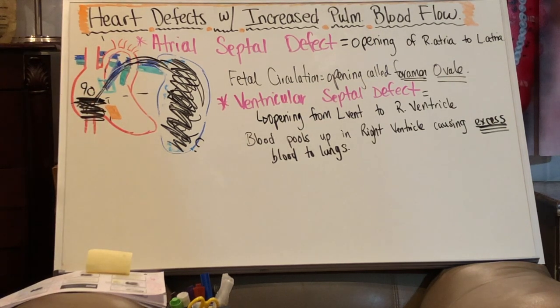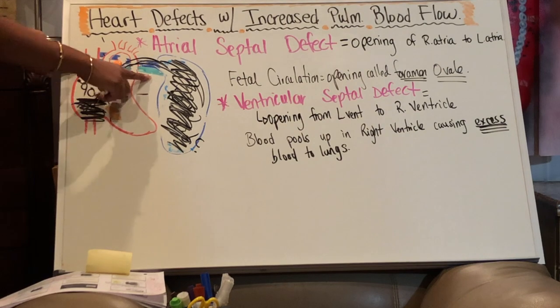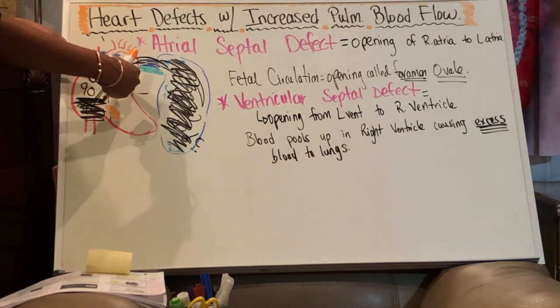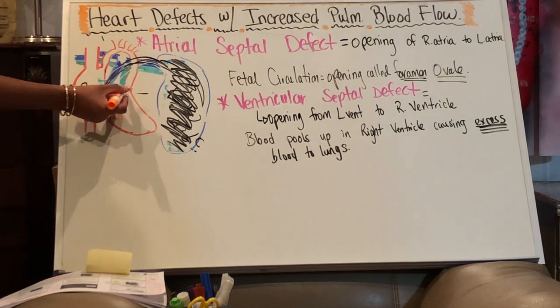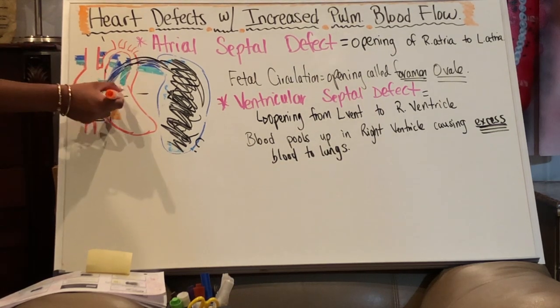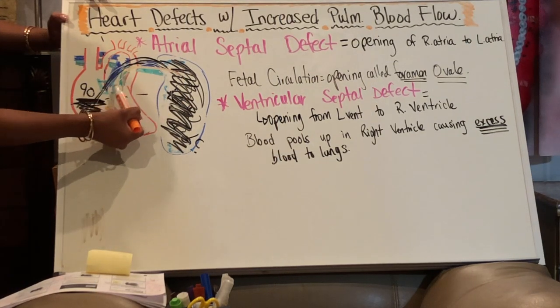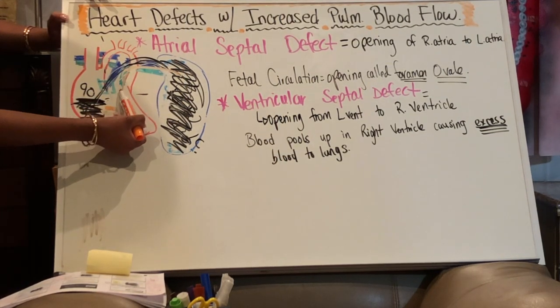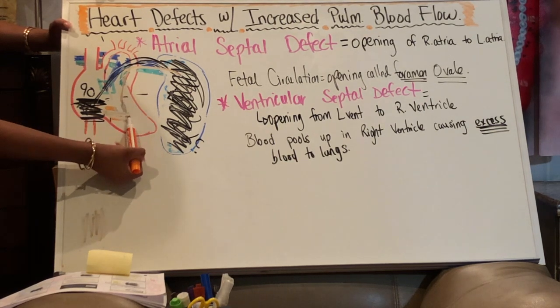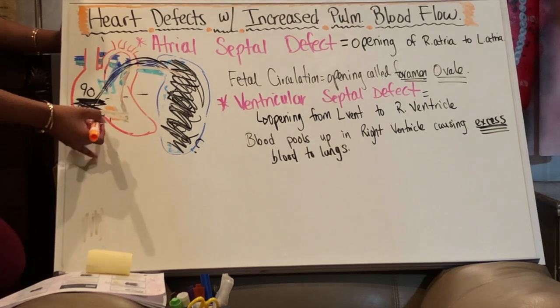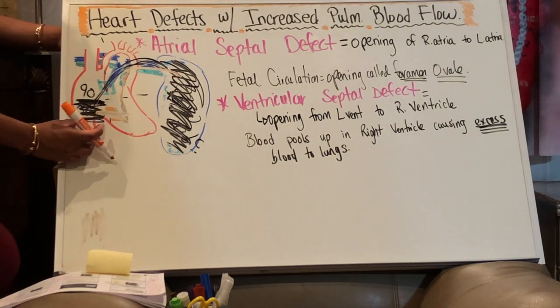Well, in the green, I drew the pulmonary veins. Veins meaning blood flow coming from the lungs into the left atrium, left ventricle. It'll flow from the lungs into the pulmonary vein, into the left atrium, to the left ventricle, through the opening, causing more pooling in this right ventricle.